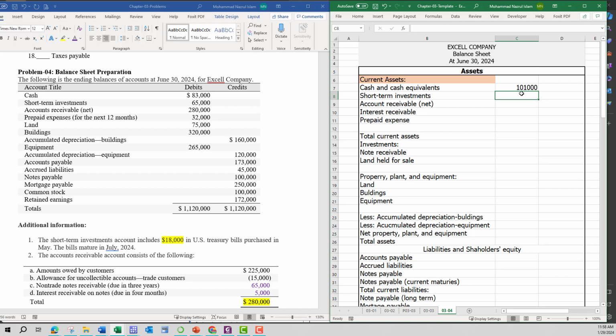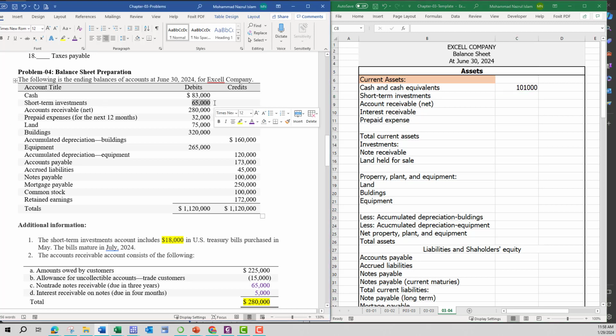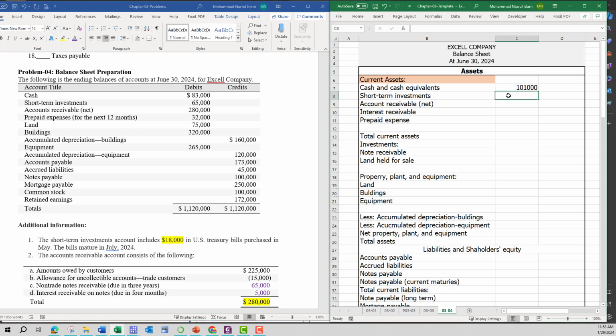The short-term investment is given as 65,000, so we will do 65,000 minus 18,000, because this 18,000 was part of the short-term investments, but we have already included this amount in the cash and cash equivalents.